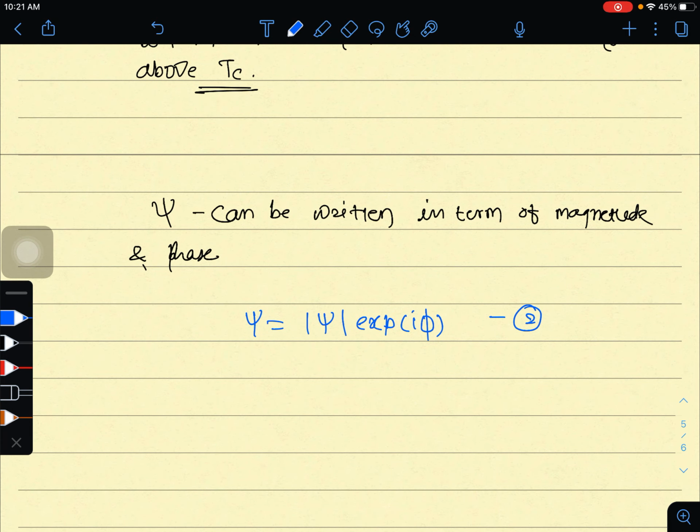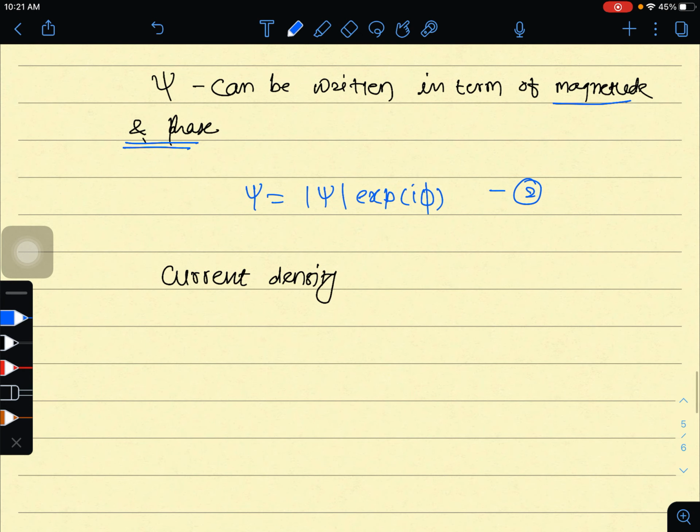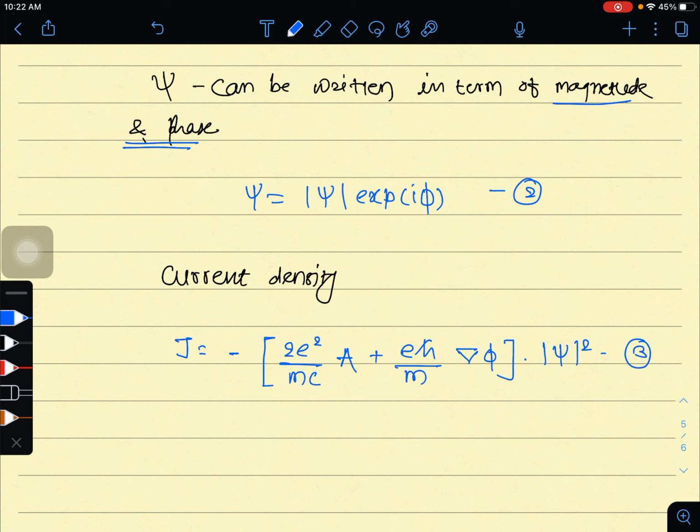That is equation 2. This is the equation related to the magnitude and phase of the wave function. And the current density is J equal to minus 2e^2 divided by mc times A, plus e h-bar divided by m times del phi, times mod psi squared. Let this be equation number 3.